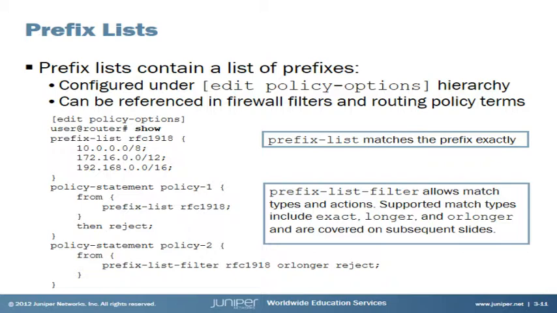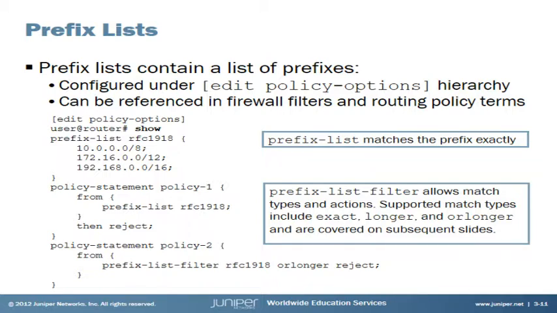Then we might have a policy statement, policy 2, from prefix list filter RFC 1918 or longer reject. So we'll look at what this or longer means here. The prefix filter allows match types and actions. Supported match types are exact, longer, and or longer.